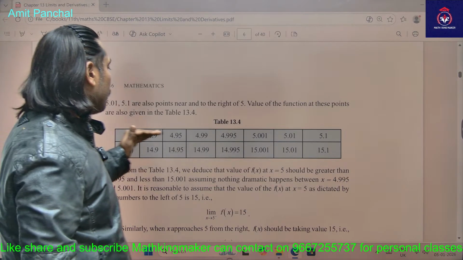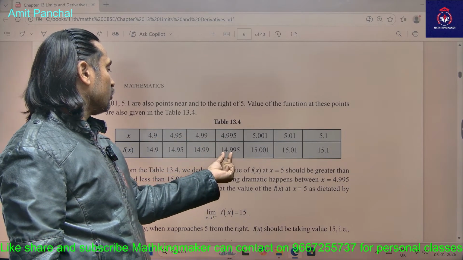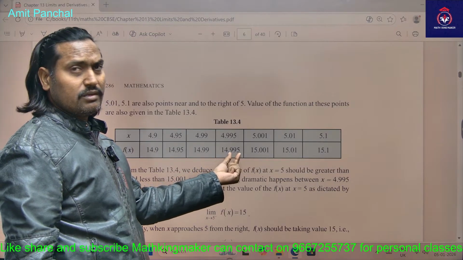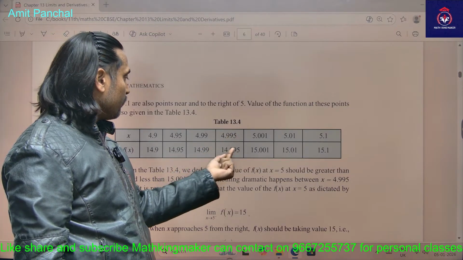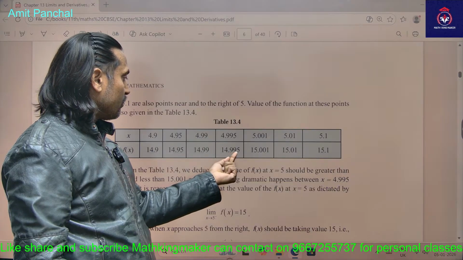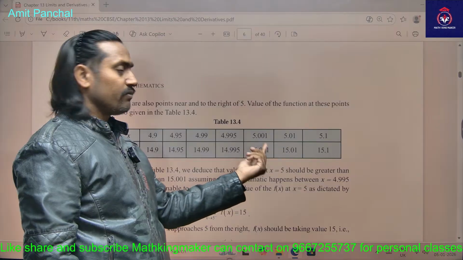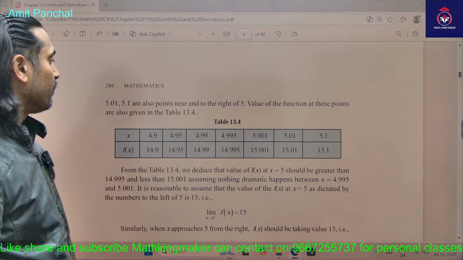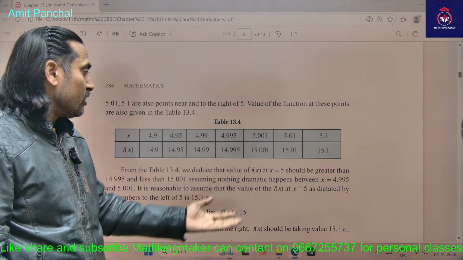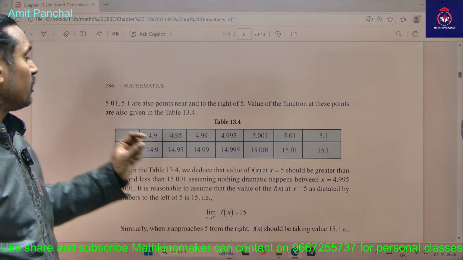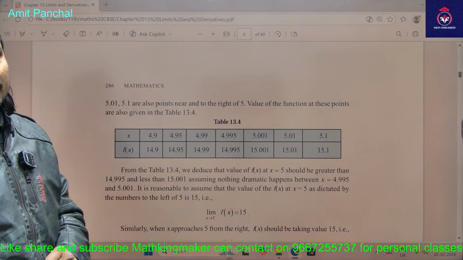If I approach from the left, it is getting close to 15. With 4.995, it will give you 14.995. If I come from the right, there is a little bit of difference, but if we approach 5 exactly, it will give you 15.